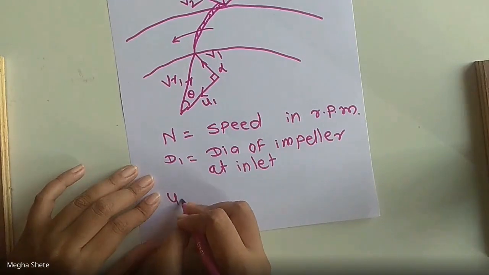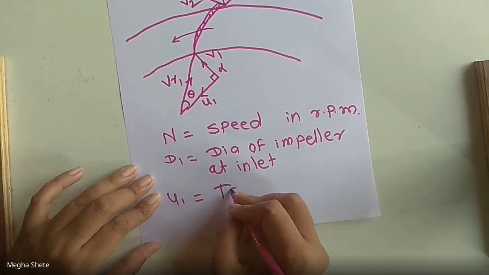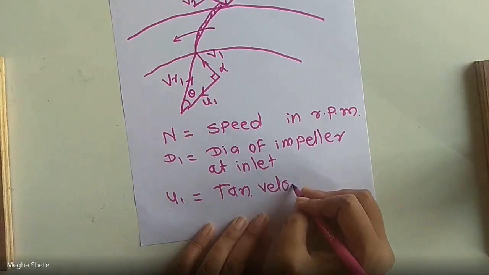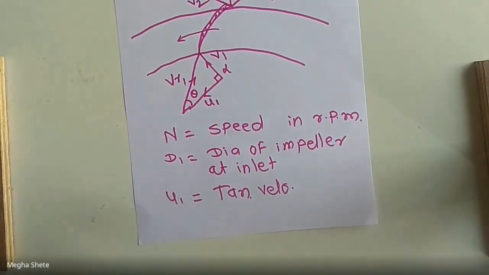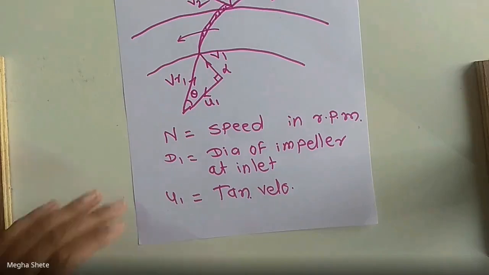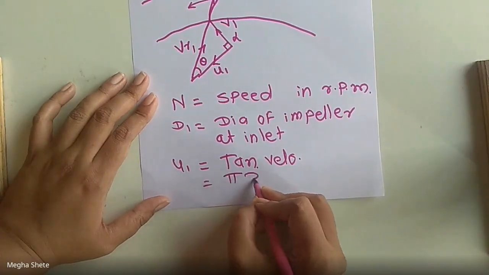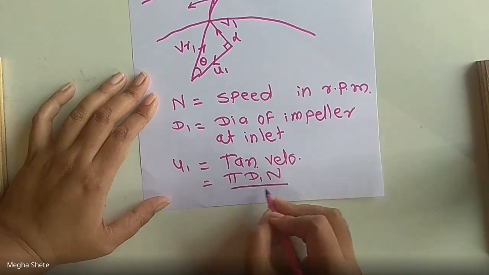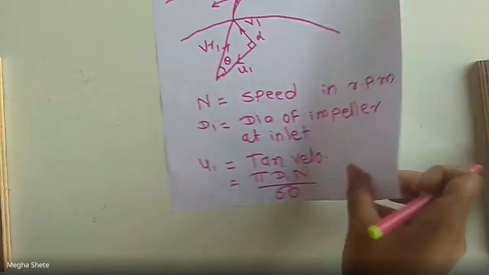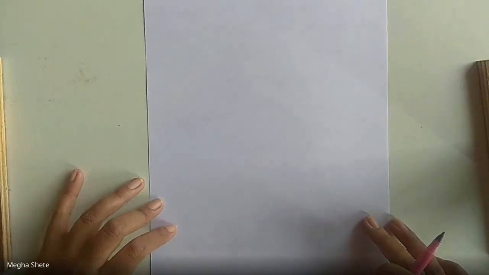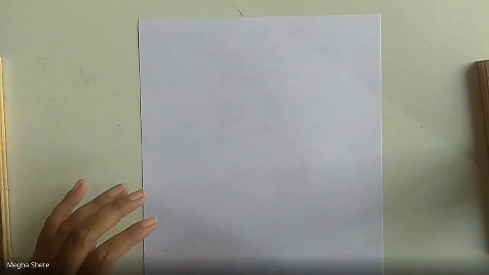Then U1 is equal to tangential velocity of impeller at the inlet. The formula is pi D1 N divided by 60.